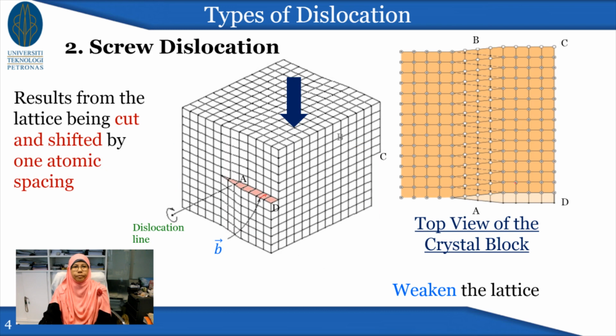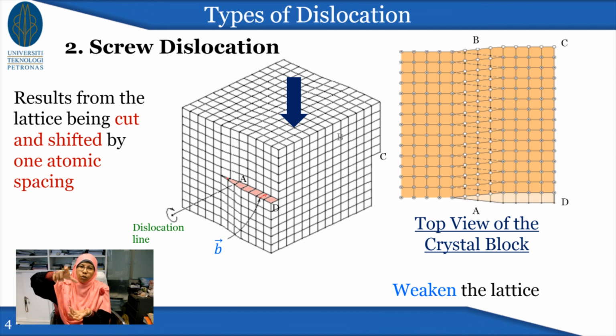Okay. How about the other type of dislocation? It's called screw dislocation. And what it is basically, if you look at this block, it's basically a block of material being cut halfway. Okay, let's cut it halfway up to that point, and then what you do is you give it a shear.